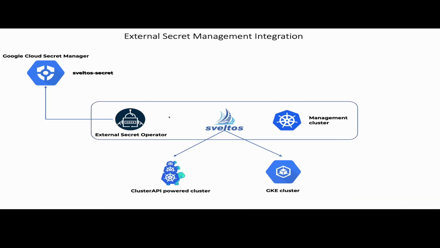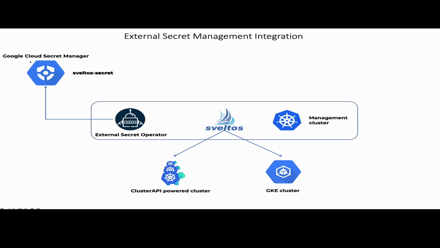Another example would be to use Sveltos piped with External Secrets Operator. External Secrets Operator is an open source project that can fetch secrets from external secrets management systems.